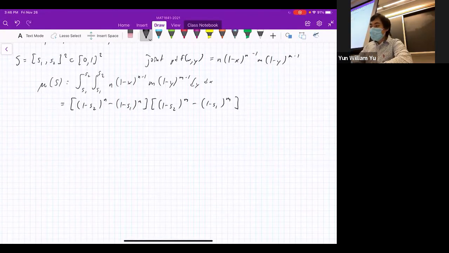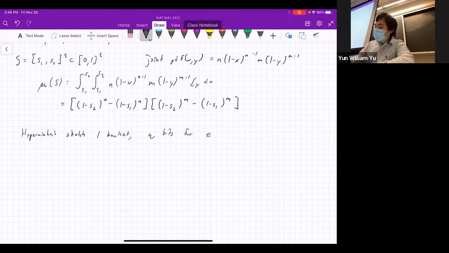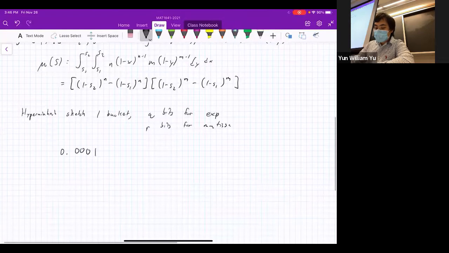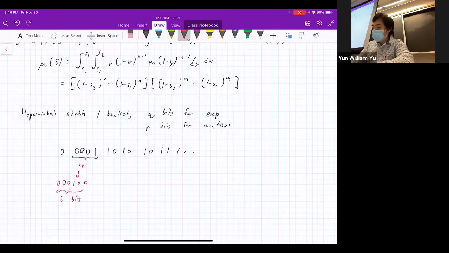And so now, if we consider a HyperMinHash sketch with just one bucket, we're going to do the easy version: a HyperMinHash sketch, one bucket, q bits for the exponent, and r bits for the mantissa. So that'll be something like 0.0001, and so on. So this here is going to be the value 4, and we can store that as 000100 if we were storing it in 6 bits, so a 6-bit exponent or something like that.